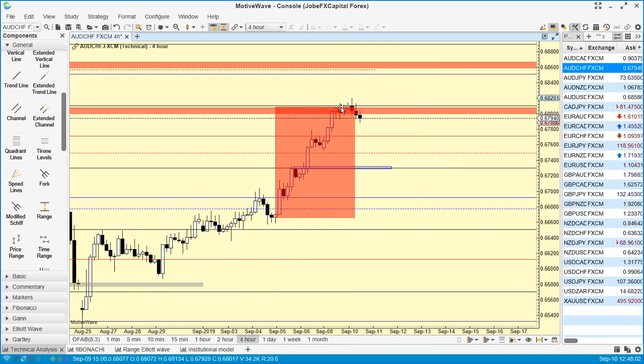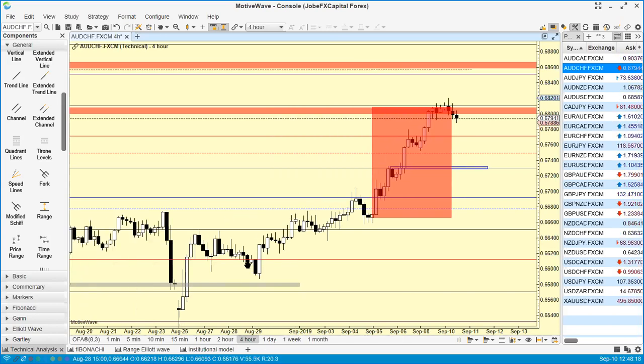So what this tells us is the price went all the way up and then failed to go above, and then the price is going down, right?